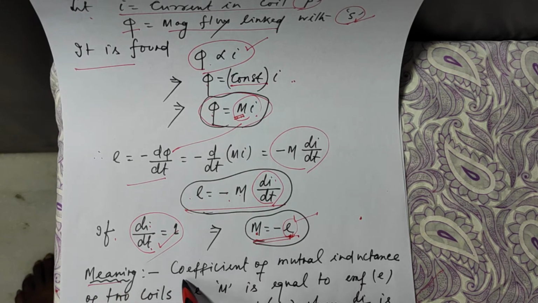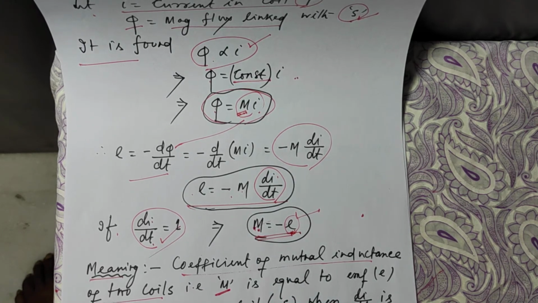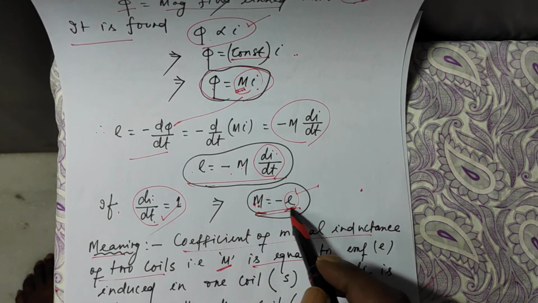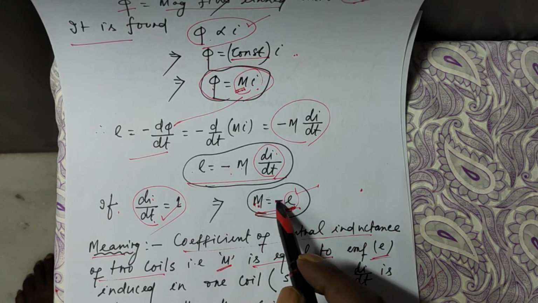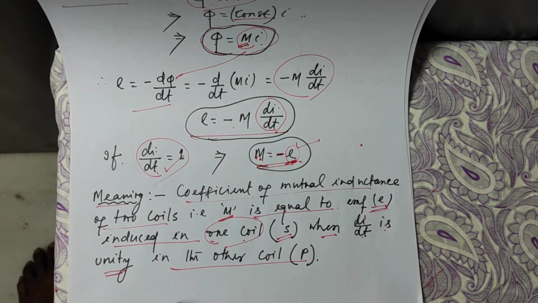So the coefficient of mutual induction M of two coils is numerically equal to the EMF E. This negative sign only indicates it opposes. M is numerically equal to E induced in one coil, in this case the second coil S, when di by dt is unity in the other coil, that is the first coil.